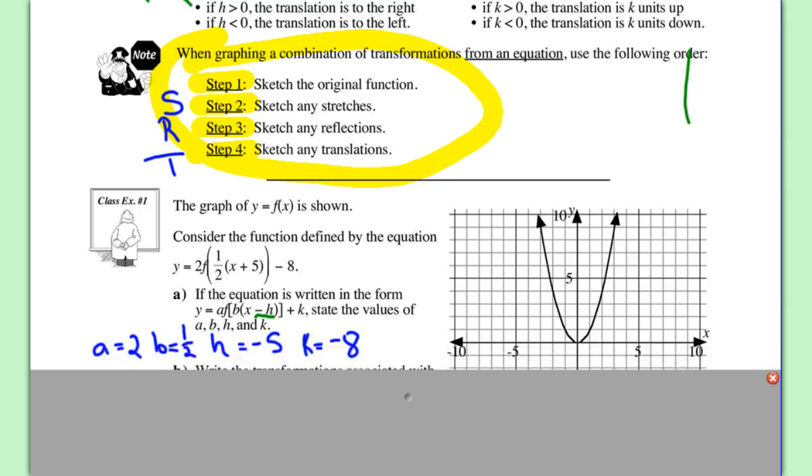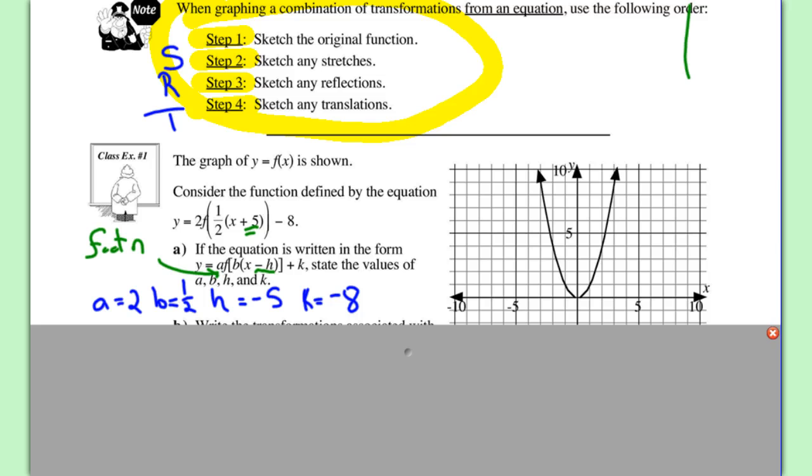Well, a is 2, b is a half, don't forget factored form. Look at how they write it. h is minus 5 because you see a positive and it starts off as minus h, right? And k is minus 8 because what you see is what you get.